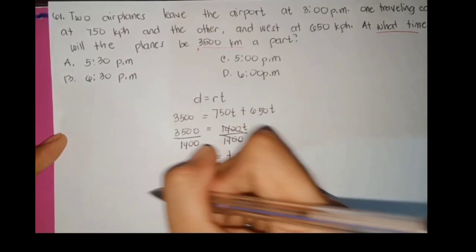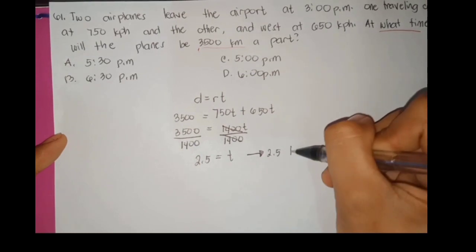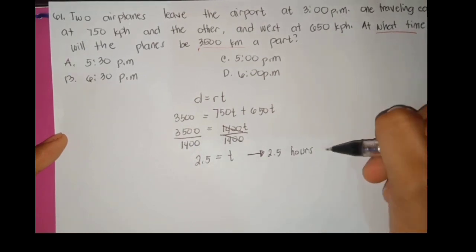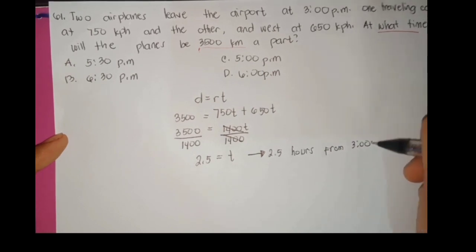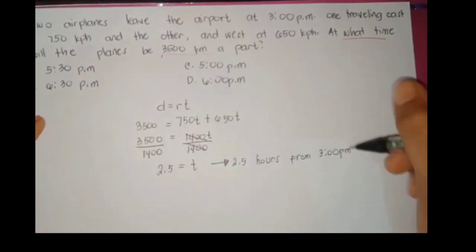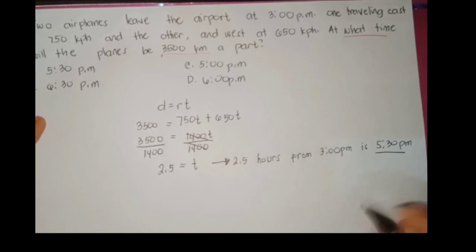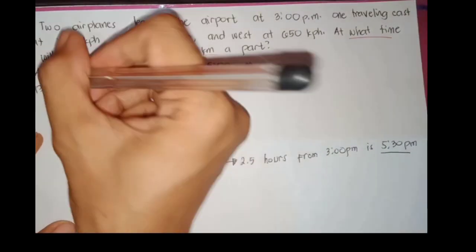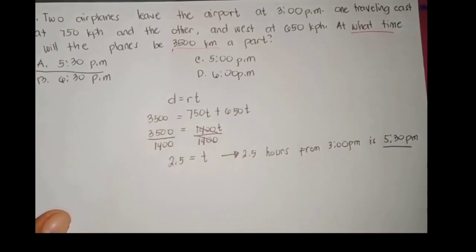So therefore, 2.5 hours from 3 o'clock p.m. is 5:30 p.m. So therefore, our answer is letter A, which is 5:30 p.m.